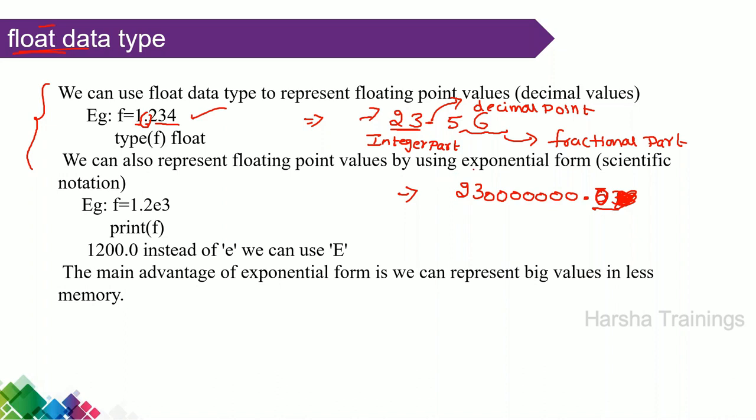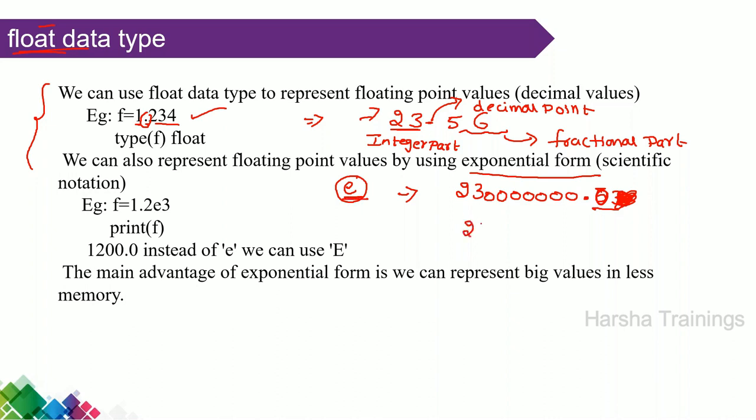For real numbers, we have one more notation, that is exponential notation, also called scientific notation. In exponential notation, large numbers are represented using small notations, by using the symbol E. E is called the exponent symbol.